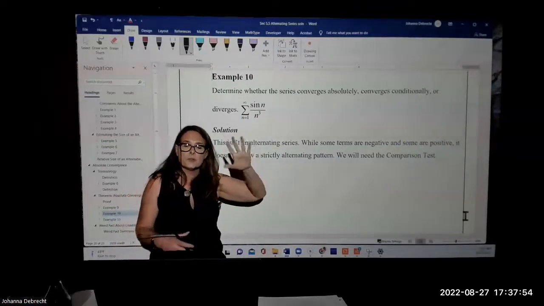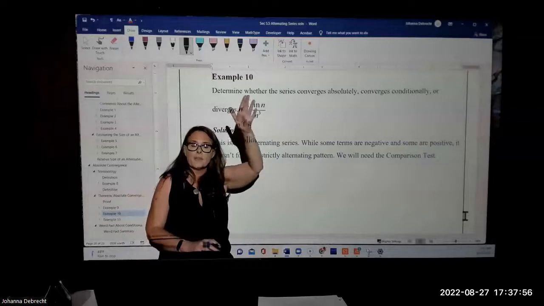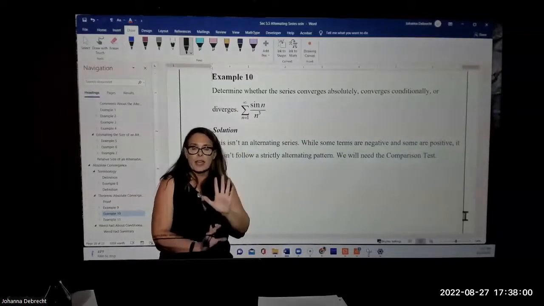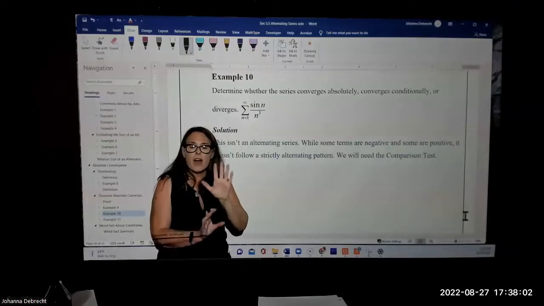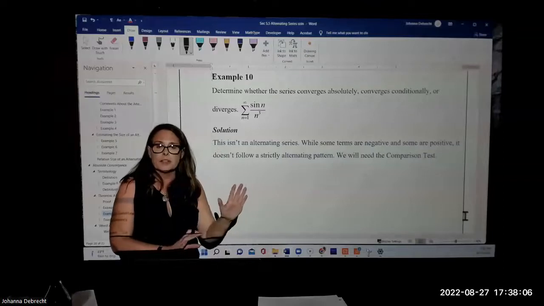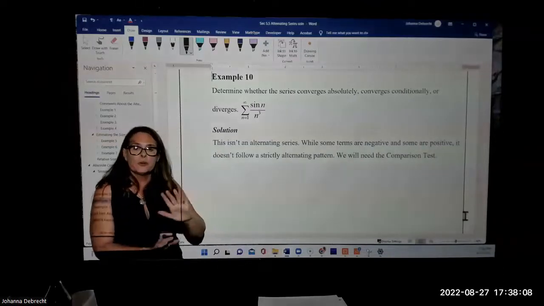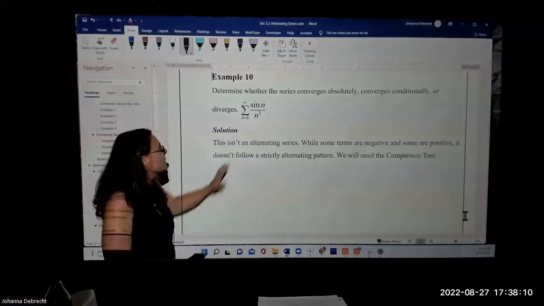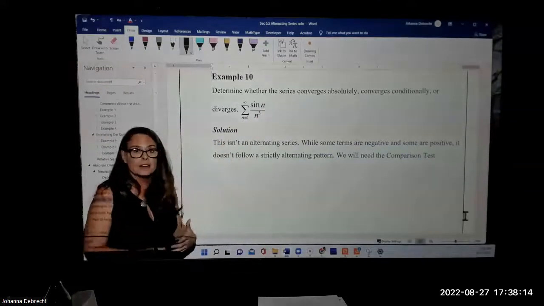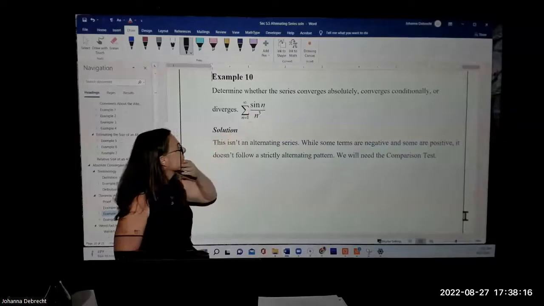Remember, sine changes between 1 and negative 1 at pi over 2 and 3 pi over 2. So to get an alternating behavior, you'd have to have odd multiples of pi over 2, 2n minus 1 times pi over 2, or 2n plus 1 times pi over 2 inside the argument to the trig function. And we don't have that. We have sine of n.